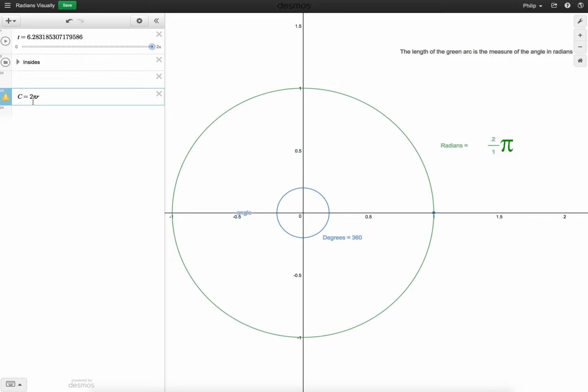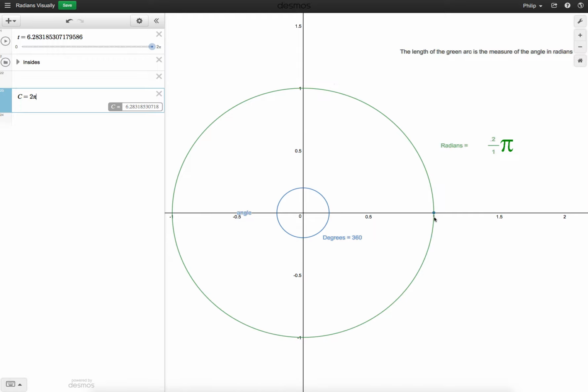So since this is the unit circle, our radius is 1. And so if I were to plug in a 1 for this r here, I would just get that the circumference of the unit circle is just 2 pi. Right? So the circumference of this circle right here is 2 pi, or the distance, if I walked all the way around, is 2 pi.